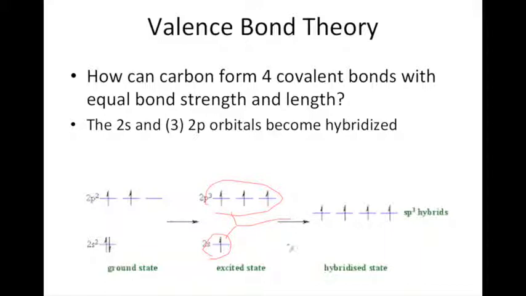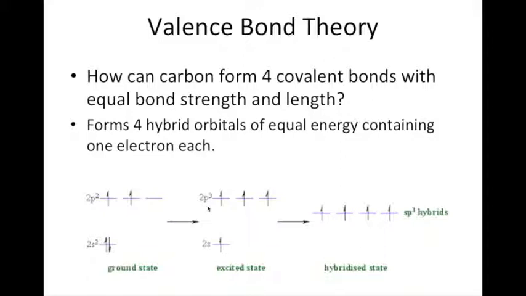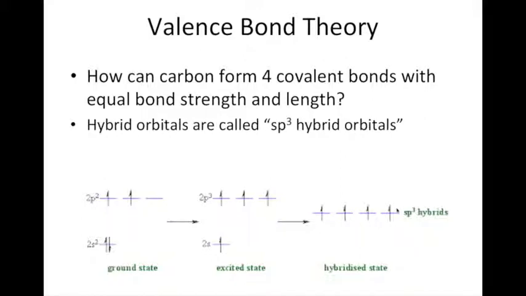And these are formed, as we mentioned, by the one 2s and the three 2p orbitals all combining to form our hybrid orbitals. So we form 4 hybrid orbitals, and since they're all the same, they have equal energy, they would be able to form 4 equal bonds. Carbon has 1, 2, 3, 4 valence electrons, so we put our 4 electrons into each of our 4 hybrid orbitals.